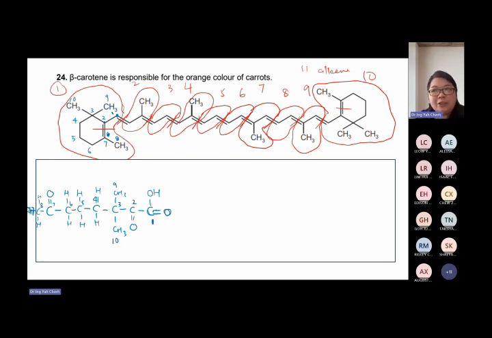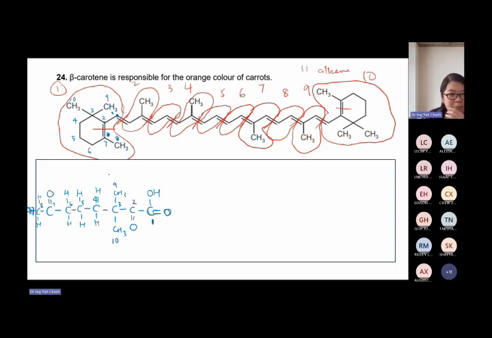If you can remember the reaction between alkene and hot concentrated acidified KMnO4, we cannot see any hydrogen bonded to carbon. They are all oxidized, so you add an O, and if there's an H, you need to change it to OH. So here becomes COOH. Number 2, already 4 bonds, so C double bond O only. 7, 4 bonds also, so no more OH.